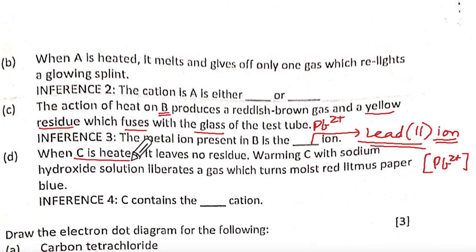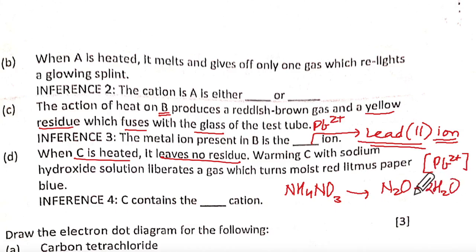Now if C is heated and leaves no residue, means it is ammonium nitrate, correct? It will give me N2O and H2O. So this is a gas and this is a gas. And I told you what is it called?